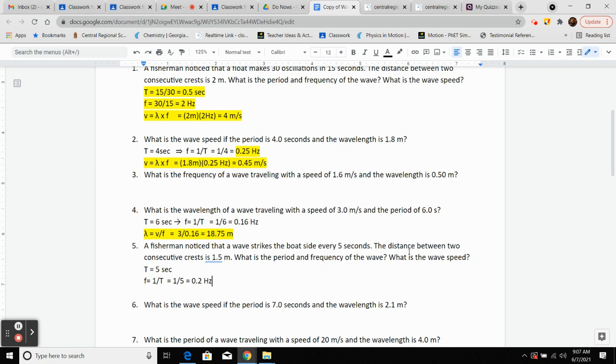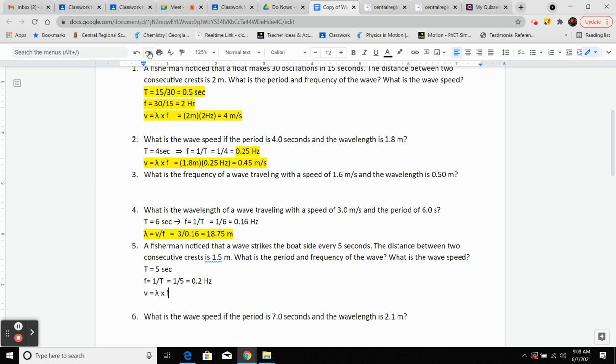Now, once you have period and frequency, they want to know what the wave speed is. This is our equation. We have frequency as 0.2, but wait a minute, do we have the wavelength? What is it?